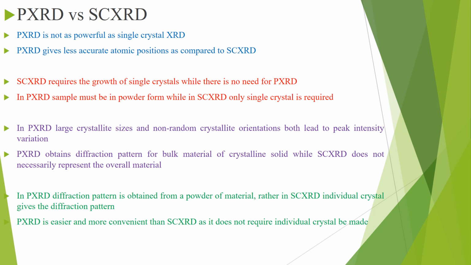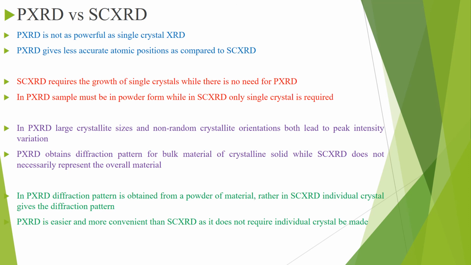In powder X-ray diffraction technique, large crystalline size and non-random crystal orientation both lead to peak intensity variation. And powder X-ray diffraction obtains a diffraction pattern for bulk material of the crystalline solid, while single crystal XRD does not necessarily represent the overall material.